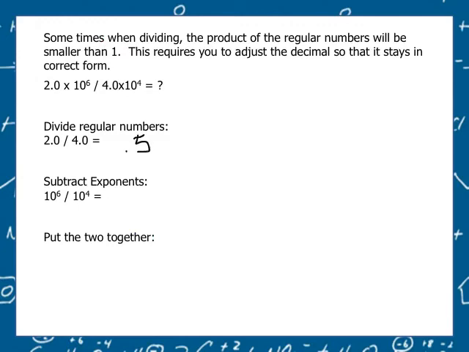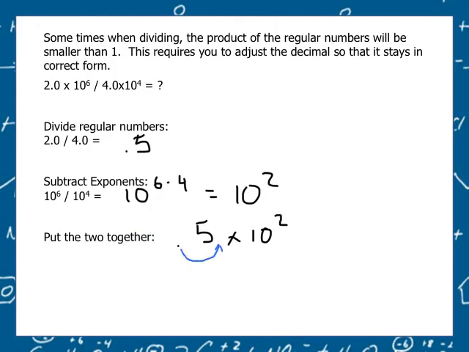And I'm going to subtract my exponents. 10 to the 6th divided by 10 to the 4th equals 10 to the 6 minus 4, which equals 10 to the 2. When I put those together, 0.5 times 10 to the 2nd power. Again, correct mathematically, that's the same value as the correct answer, just not good scientific notation.